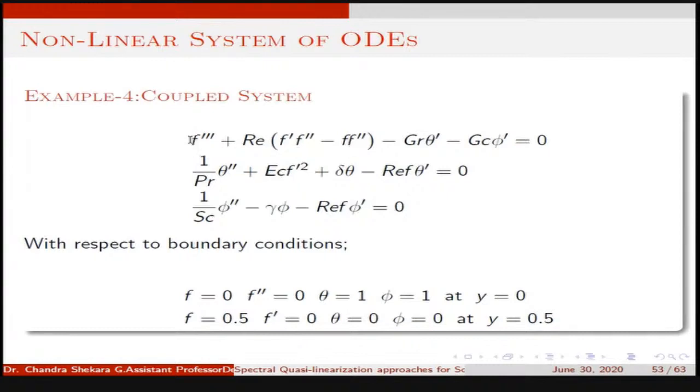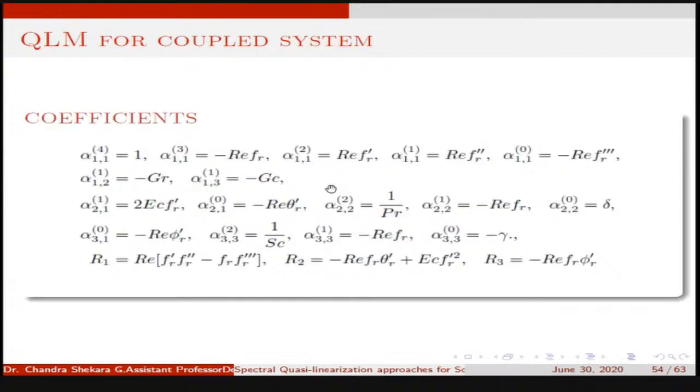You take these as f, g, h, then assume the solution at the rth iteration, then expand as a Taylor series in multiple variables, then take the terms with suffix r to the right hand side and keep the terms with suffix r plus 1 on the left hand side. Then we can find those coefficients using this, and this is the nonlinear term in the first equation, the nonlinear term in the second equation, and this is a nonlinear term in the third equation.